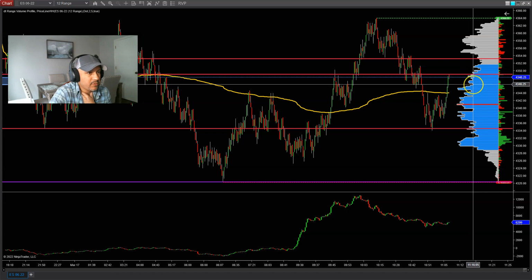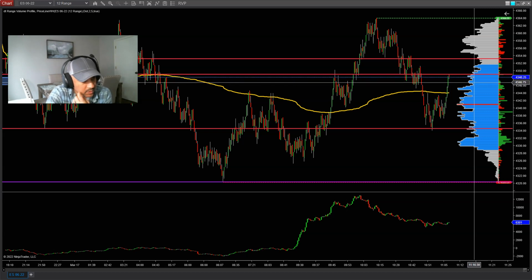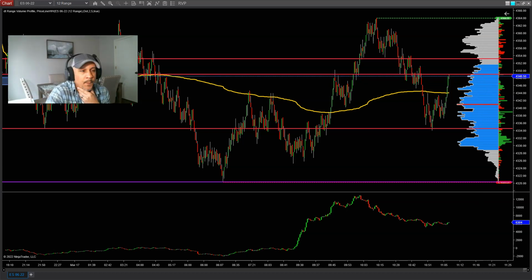If I can get a break maybe to the downside now, maybe I'll look for a trade. We'll see. This would be maybe a good area to take a look at to go short. But we'll see what the market tells us it wants to do, or shows us it wants to do, I should say.